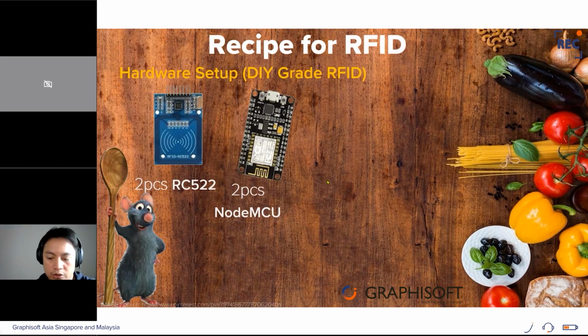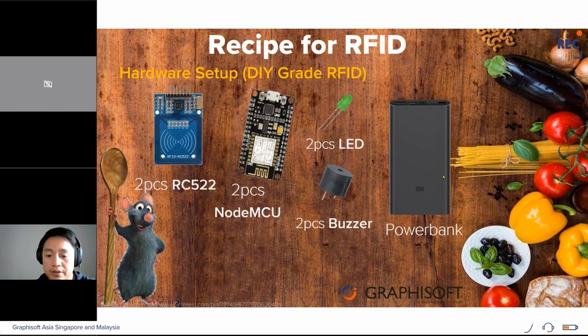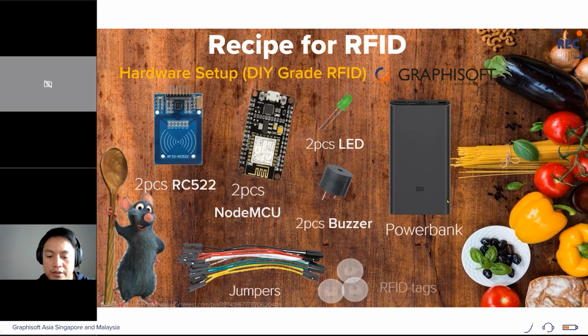So you'll be needing this NodeMCU, and then 2 pieces of LED and a buzzer. Then you need to power up this NodeMCU. The NodeMCU is Wi-Fi based, so you can bring it anywhere you like as long as there is Wi-Fi. Then of course some wires, and the most important part is the RFID tags.